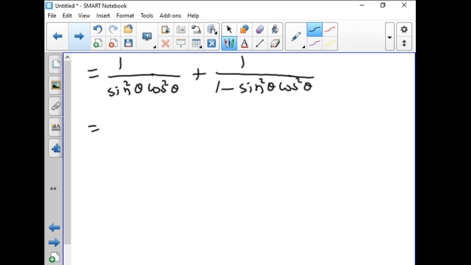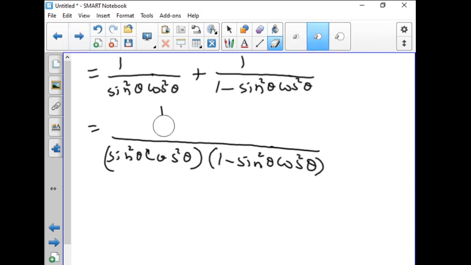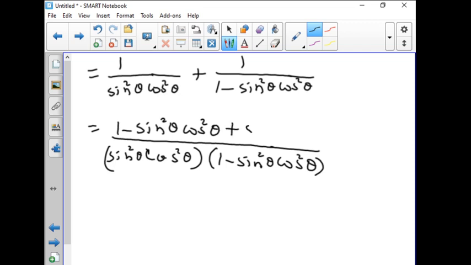So take LCM. LCM is sin square theta cos square theta into 1 minus sin square theta cos square theta. So in the numerator we have 1 minus sin square theta cos square theta plus sin square theta cos square theta.